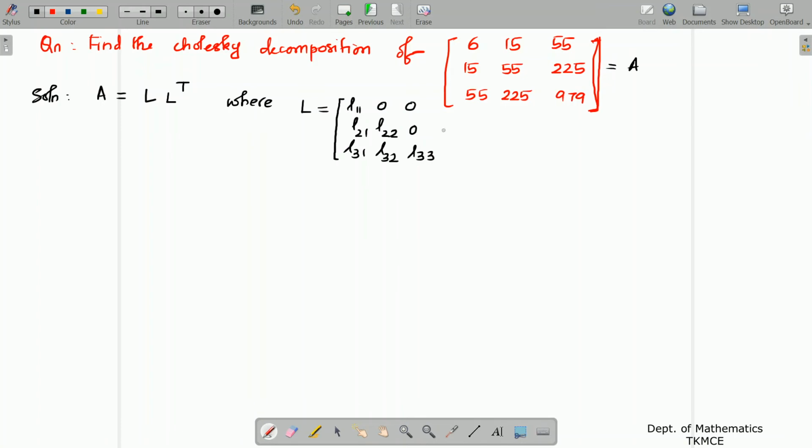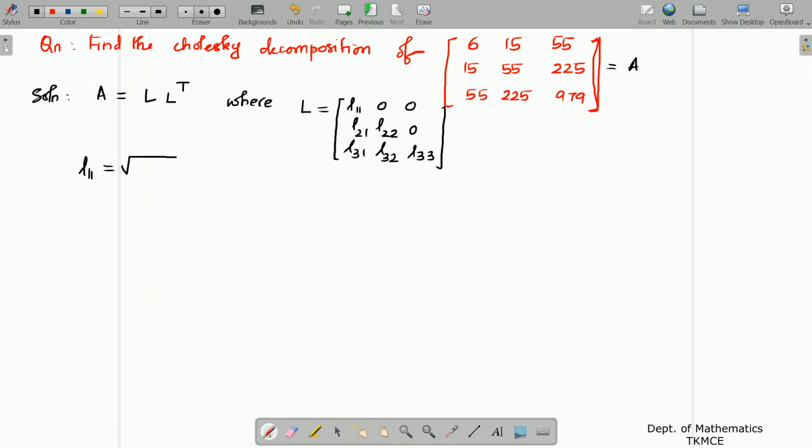So this is what we are supposed to get, the Cholesky factor L. We have to get all these Lij's by comparing suitable terms with the terms of this A. So let us see the values.